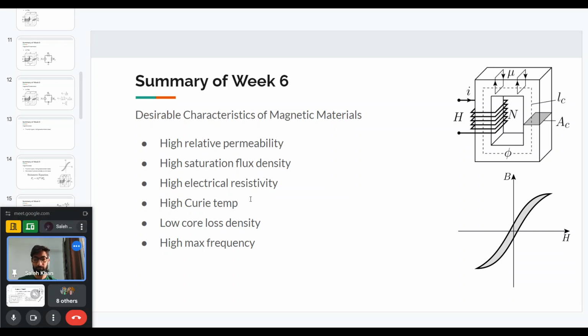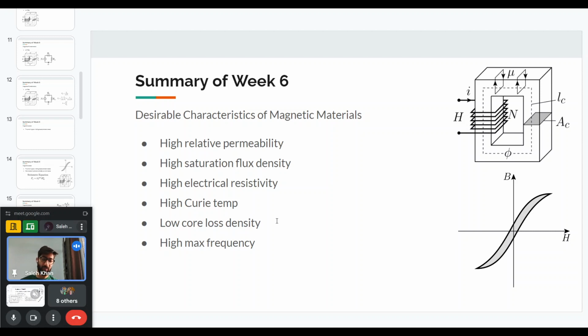Next, the magnetic material should have low core loss density so that obviously the losses are reduced. So we can have higher efficiency and also lower temperature rise, because in power electronics, when we talk about low losses, we have two targets in mind. One target is that the efficiency should be high, which is obviously a good target to have.